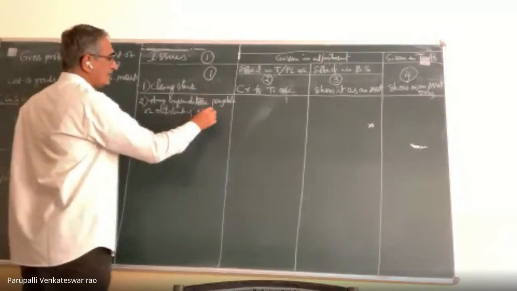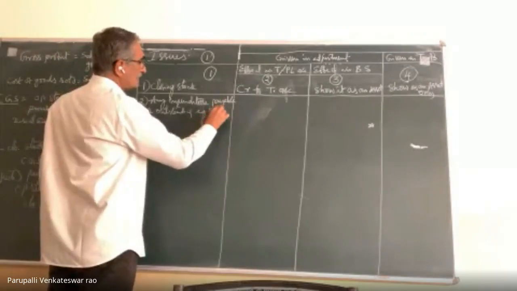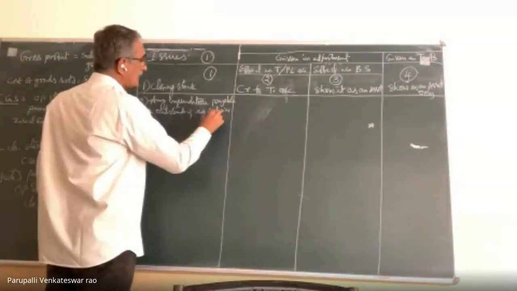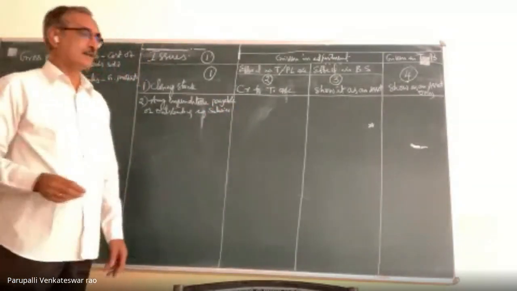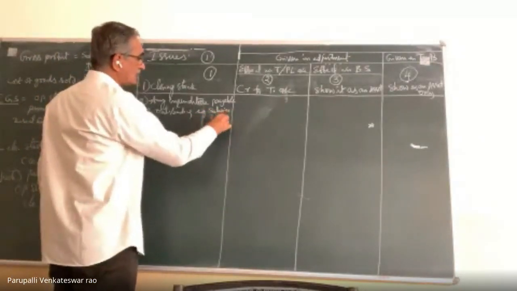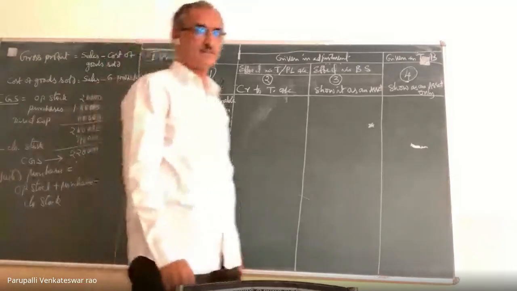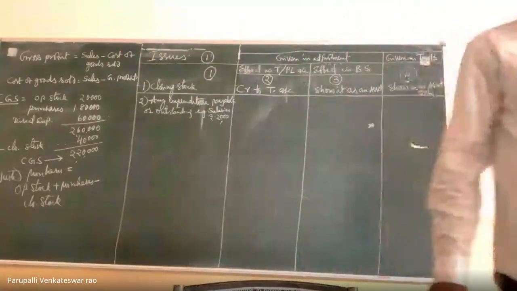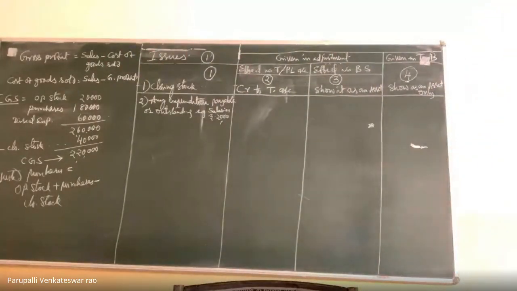Example I am giving: salaries, rupees 2000. In the adjustments, the problem contains salaries rupees 2000 payable.